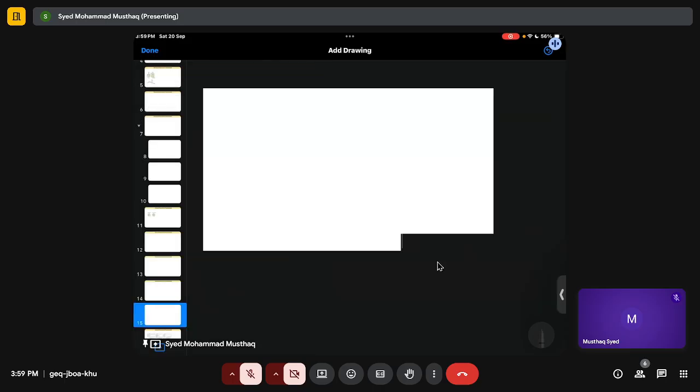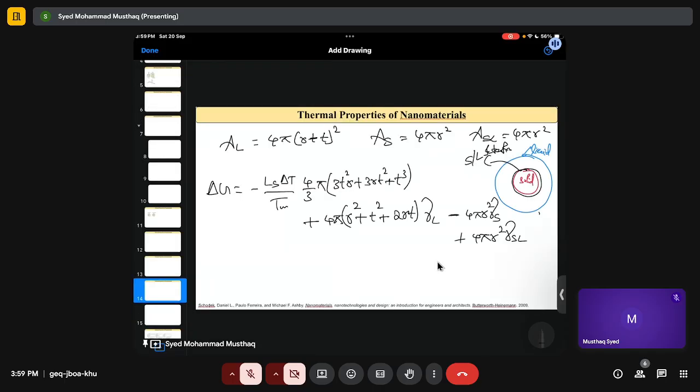So let's do the differentiation part. For this to be at equilibrium, dG by dT shouldn't change, and that should be 0. So dG upon dT should be 0.